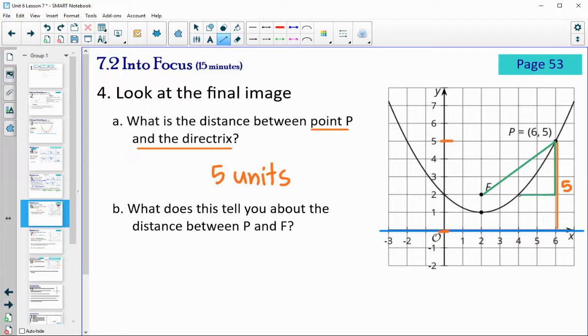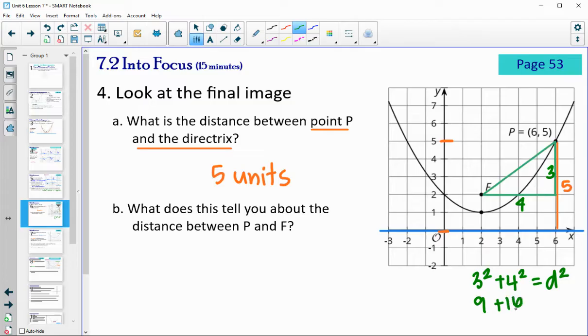So we could draw a triangle here. And then we would be able to do Pythagorean theorem. So if we count, this is a height of 3 and a width of 4. And if we quickly do the Pythagorean theorem, 3 squared plus 4 squared should equal that distance squared. So 9 plus 16 is 25.